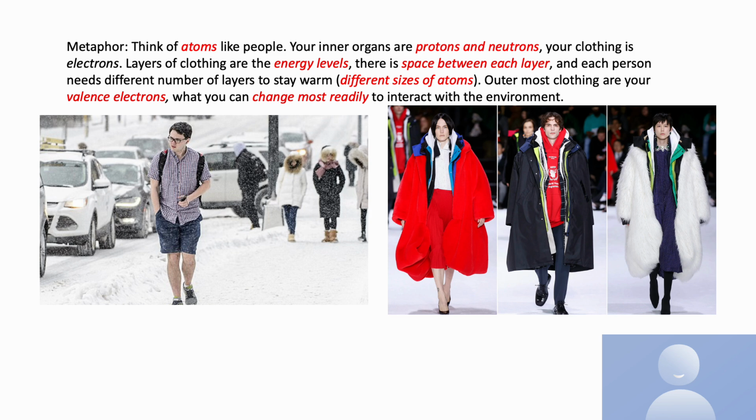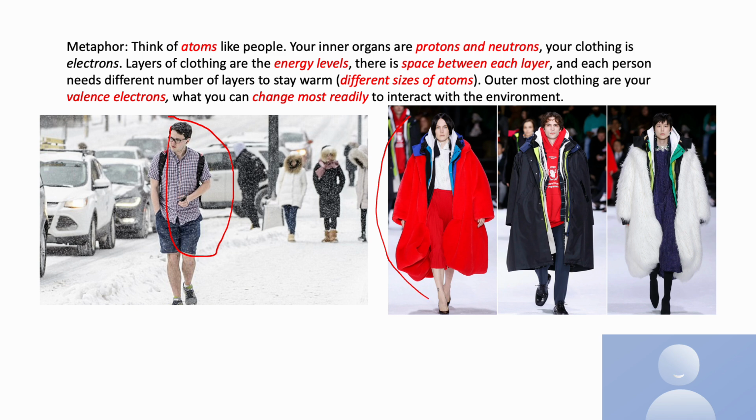There's space between each of those layers, just like we talked about, that there's this quantized, fixed energy levels for your electrons to move. That's the space in between each of your layers of clothing. Some atoms are cool with just one layer of clothing, so they're pretty small.